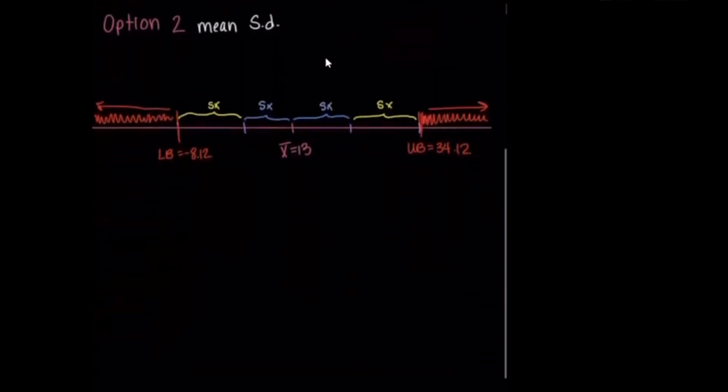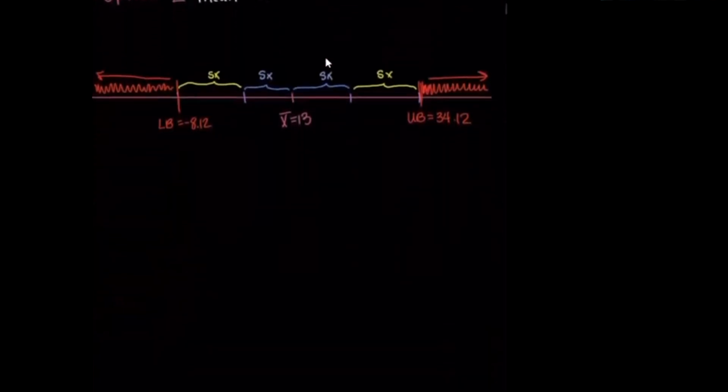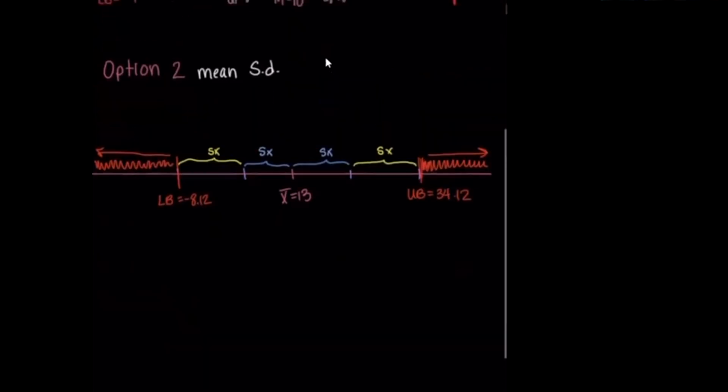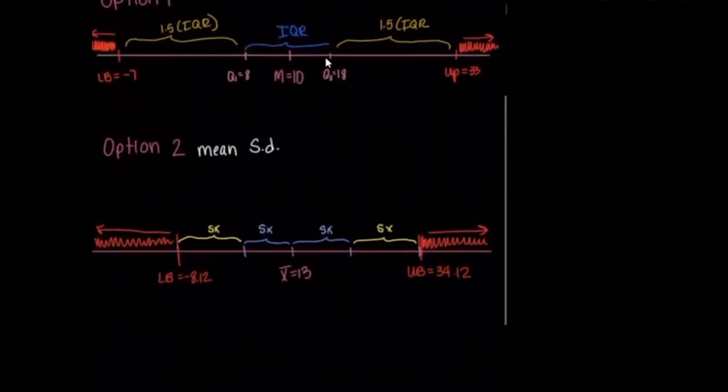Whereas in option 2, we had the mean, the average, and we said, okay, if we take the standard deviation, which is pretty much just how far a typical value is away from the mean, and take 2 of those distances, if you are outside that, then you are too far gone, and that is when we call you an outlier. So I just wanted to visually show you what was happening with these 2 and when it would be beneficial to use option 1 and when it would be beneficial to use option 2.